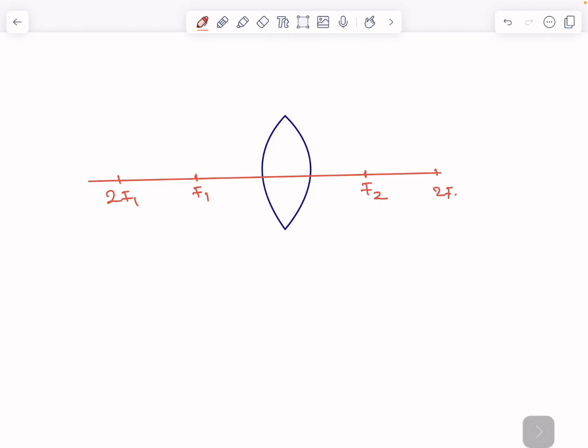Okay, in the question they have given that half of the lens is shaded, meaning you covered it with this, so this part is shaded, meaning the ray is not passing through the upper part of this.